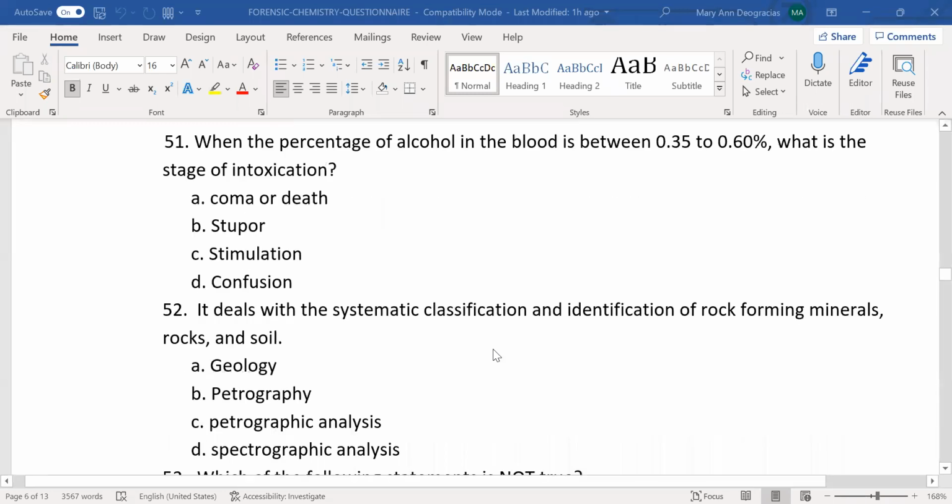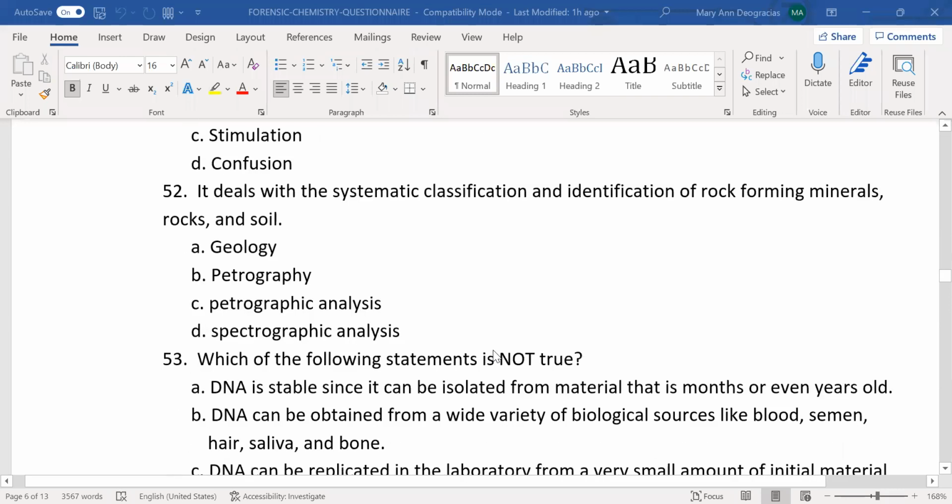All right, next. It deals with the systematic classification and identification of rock-forming minerals, rocks, and soil. A, geology. B, petrography. C, petrographic analysis. D, spectrographic analysis. It is letter B, petrography.